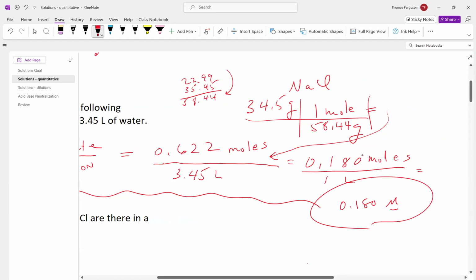So the concentration of that salt in that much water is going to be 0.180 moles per liter.